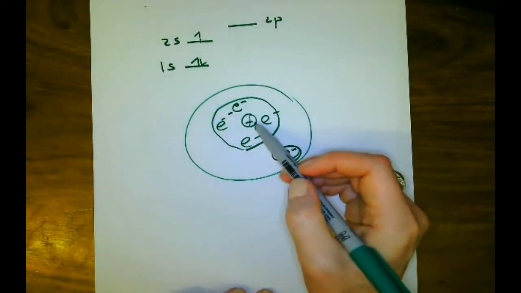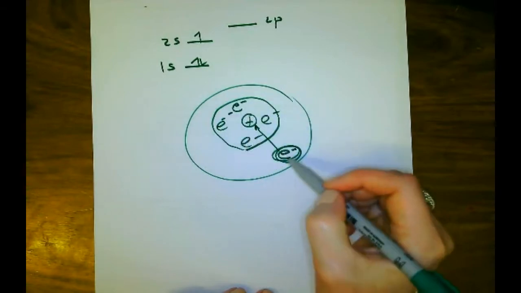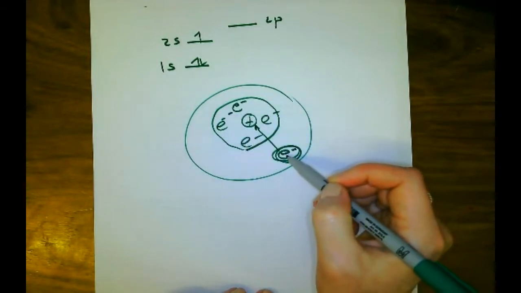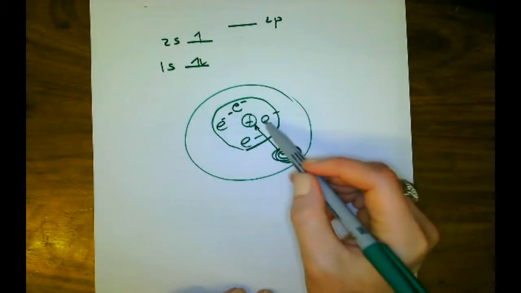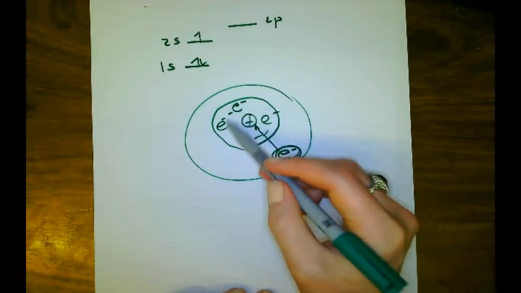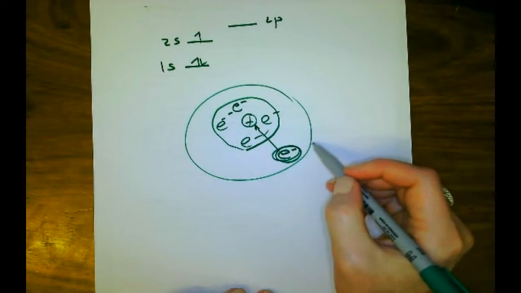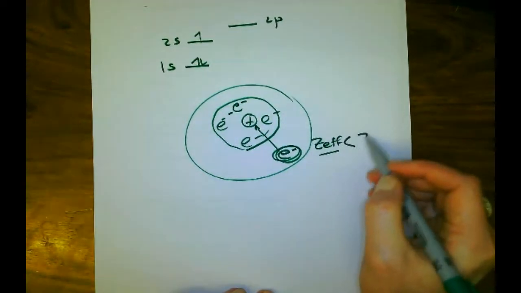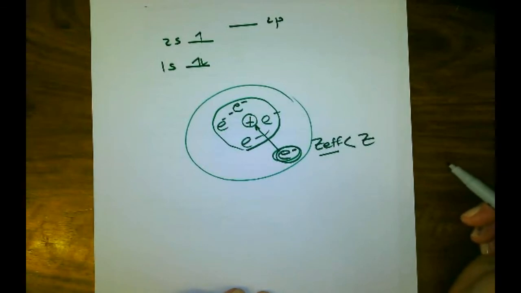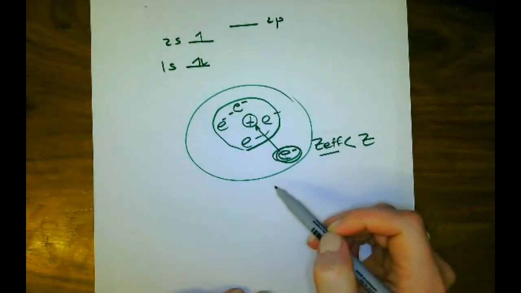And you can imagine this to be a fire, and these are people standing around the fire. So this person will feel less heat because these people are blocking the heat of the fire. In the same way, these electrons are blocking the nuclear charge from this electron. So this electron will feel a nuclear charge Z effective, which is smaller than the real nuclear charge. And this is called shielding, because these electrons shield this electron.